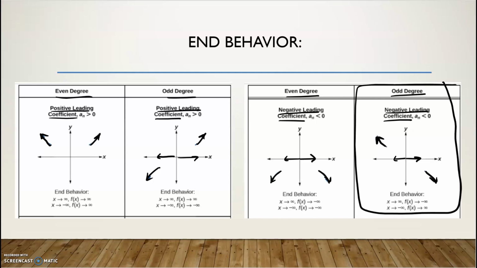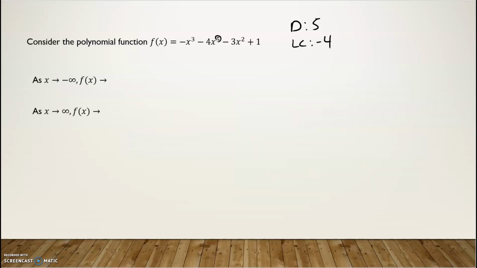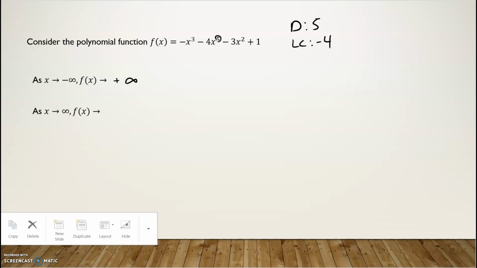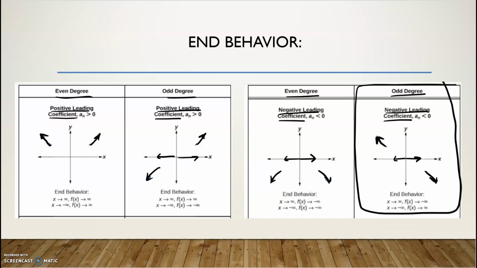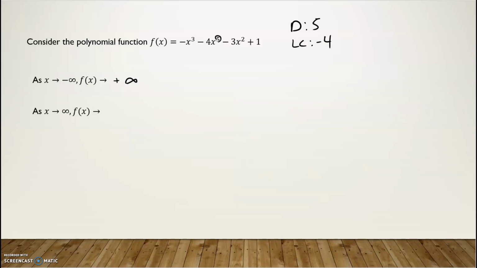As x goes to negative infinity, the function will go to positive infinity. As x goes to positive infinity, our function will go to negative infinity. And that's the answer for that right there.